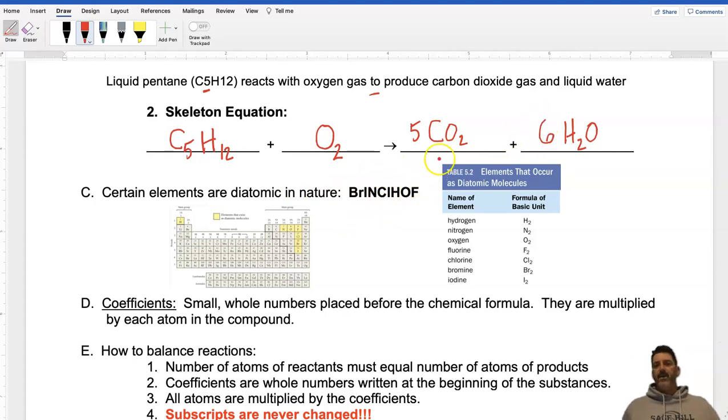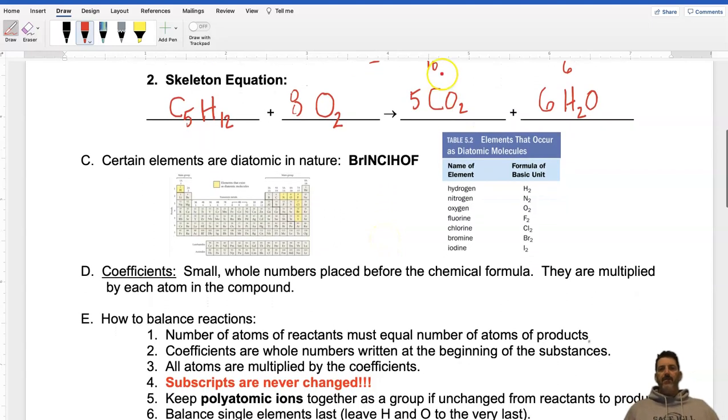And now if I count the oxygens, I have 5 times 2, so I have 10 oxygens here. 6 times 1 gives me 6, so 10 plus 6, a total of 16 on the right. So if I come back over here and put an 8, 8 times 2 gives me 16, and now it's balanced. Okay, so that's balancing equations.